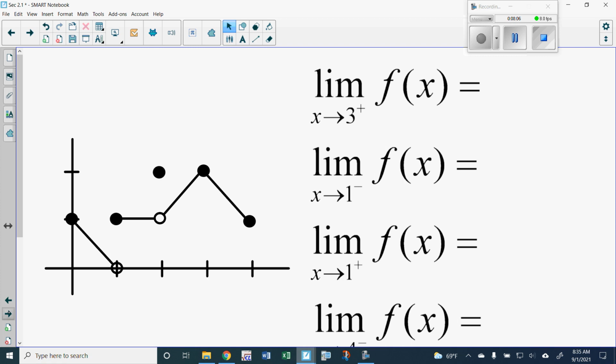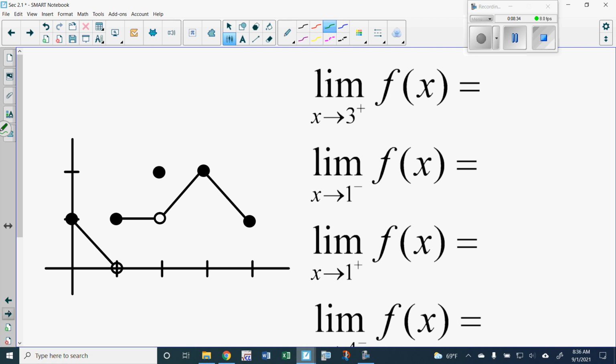So, let's look at this with our left and right hand. I'll let you finish writing before I go on here. And we're going to compare these with what we did on the last ones up in the top right of your notes here. The limit of f of x as x approaches 3 plus. Plus means from the right.